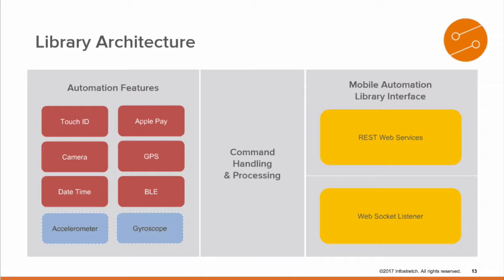So one of the approaches we've taken to solving this is using a mobile automation library. This is a library which can reside as part of your mobile application package, which may not need any code level changes. But this is a package which can be controlled by a backend interface, as you can see on the right-hand side. And you can, at runtime, during your automation, decide what aspects of the testing you want to control.